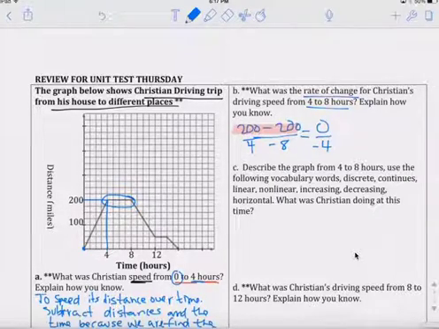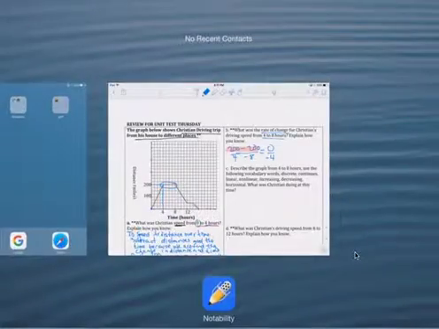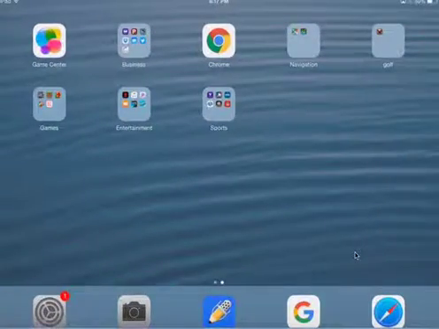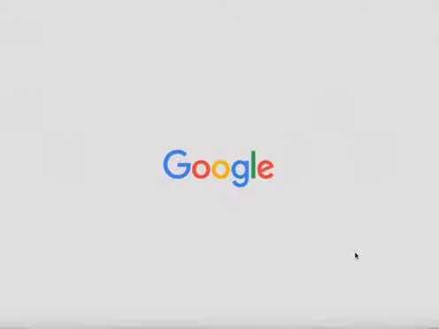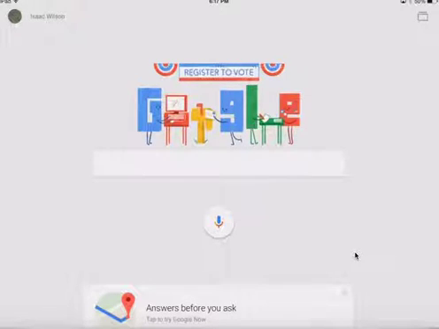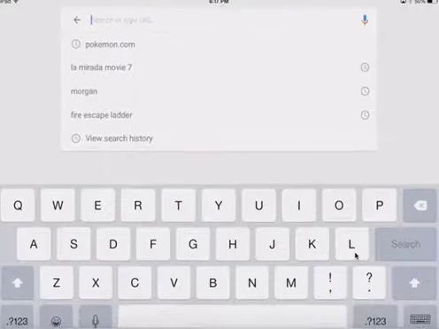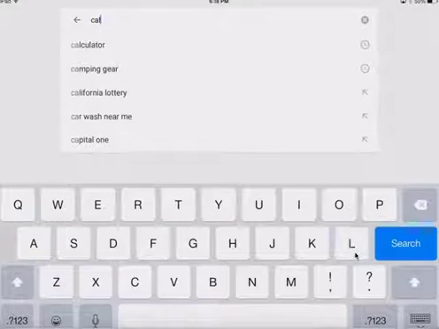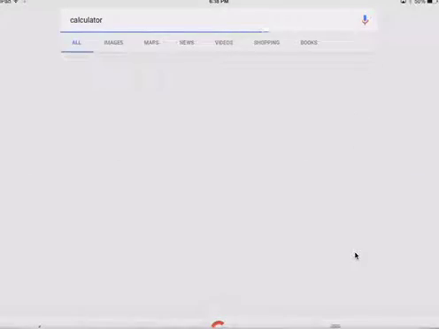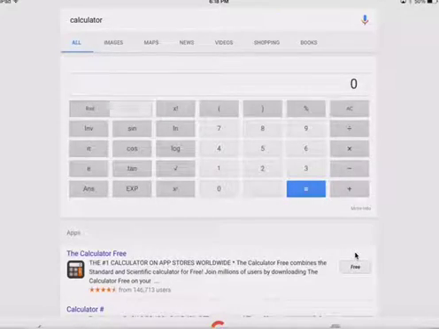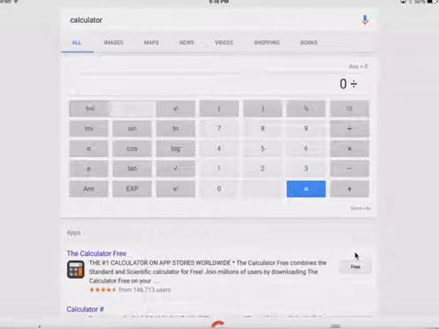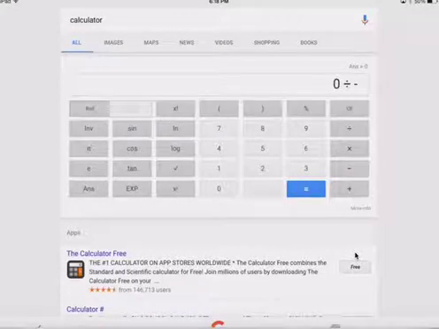If you use a calculator, watch. Where's the calculator component? Oh my gosh, my kids only put games on here. We'll use the calculator. 0 divided by negative 4 equals 0.